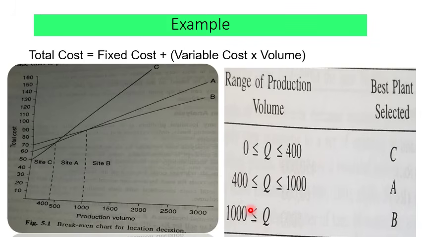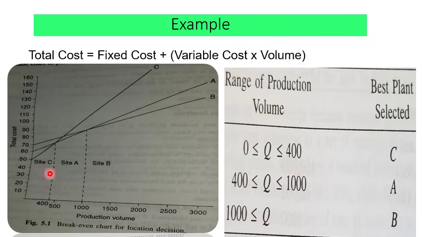And when the production is greater than 1,000, the lowest line is B, so we choose B because the total cost for B is less than A and C. In short, as the volume of production varies, the best location to be selected also varies.